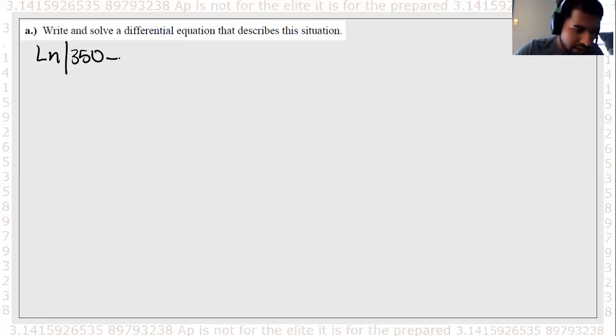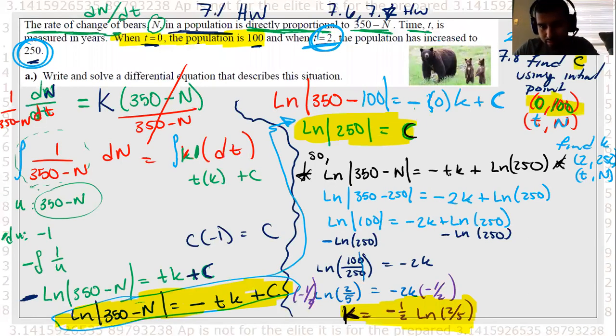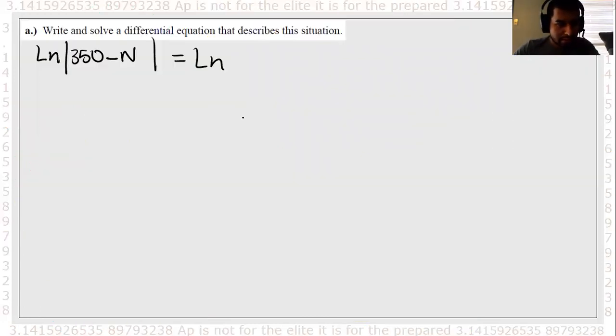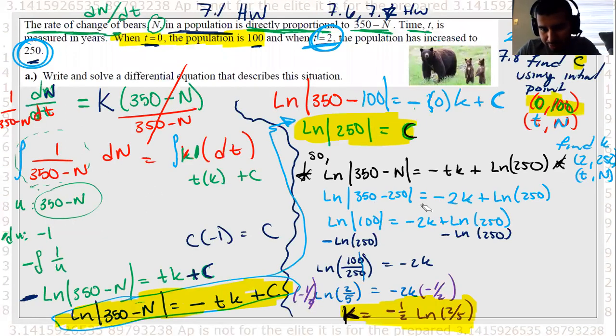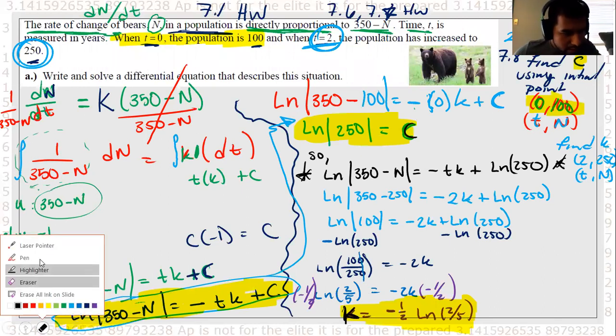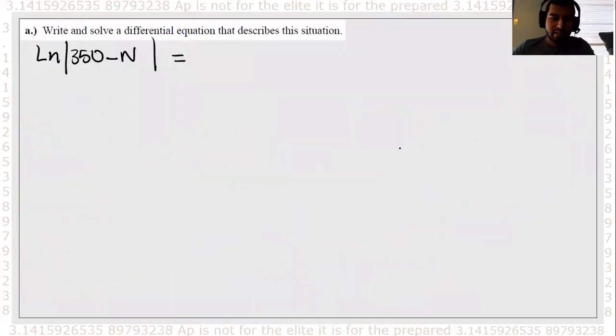350 minus n, right? Equals ln. What was it? I can't remember, guys. Oh, there's a copy paste option. All I'm doing is writing this right here. So minus k. I'm sorry, it's negative t, negative t times my k, and I just found my k.